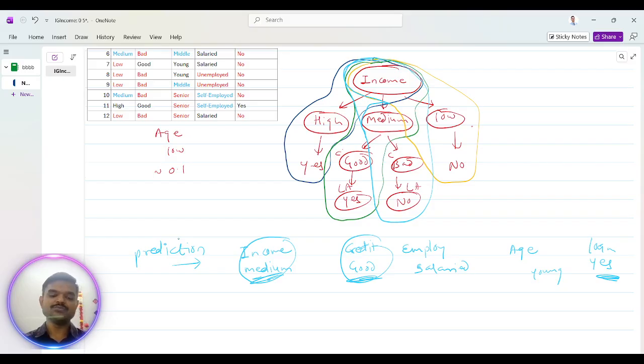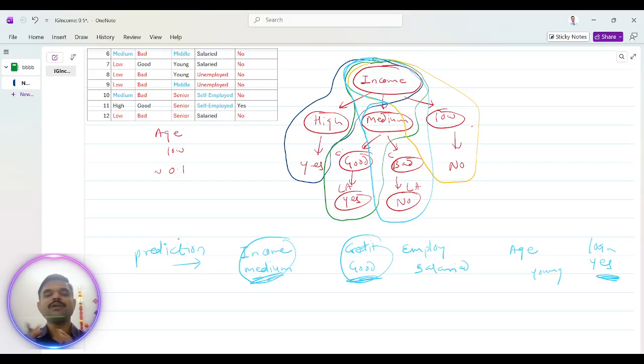Decision tree uses greedy splitting, entropy measures the impurity, information gain selects the best split. It is prone to overfitting, pruning is needed, and very important: never stop at decision tree. Use it to understand the data, create rules, then move to random forest and execute.